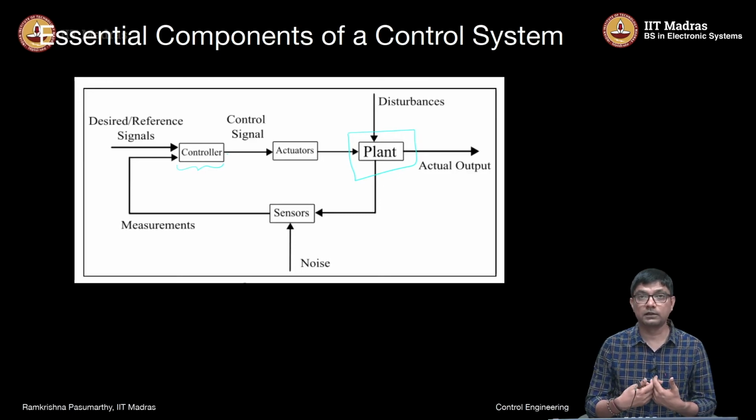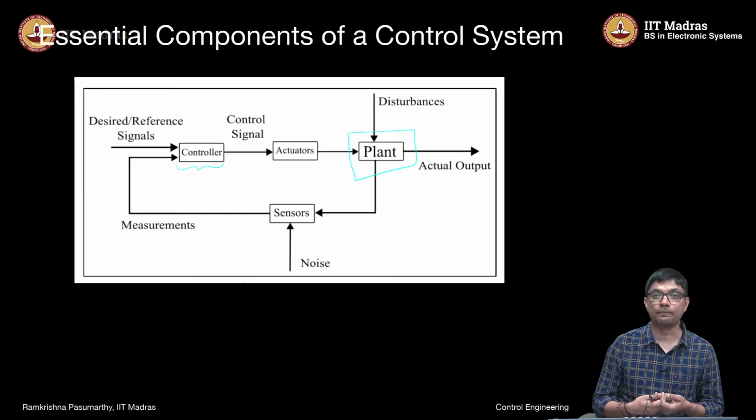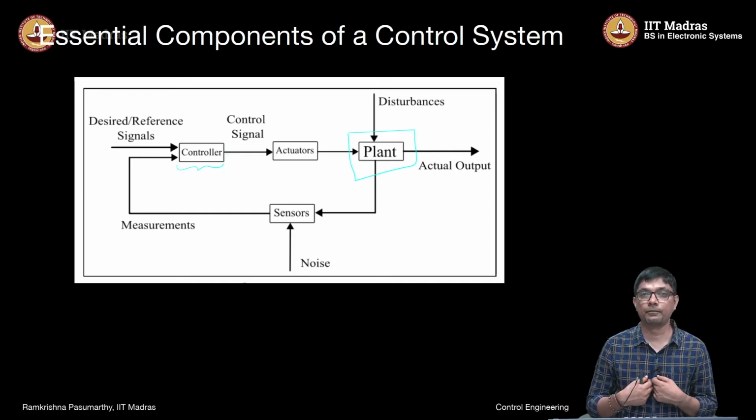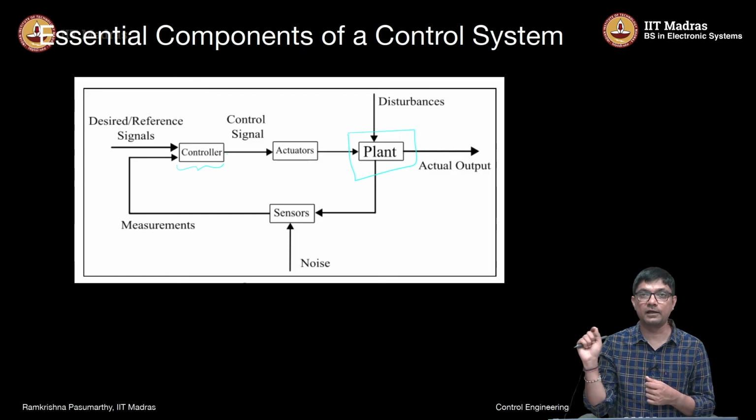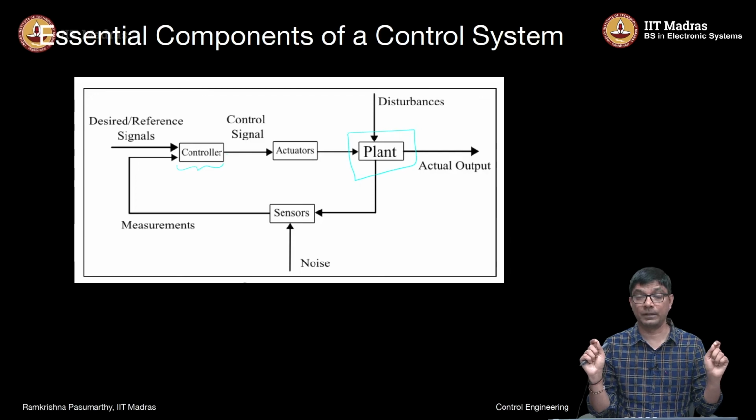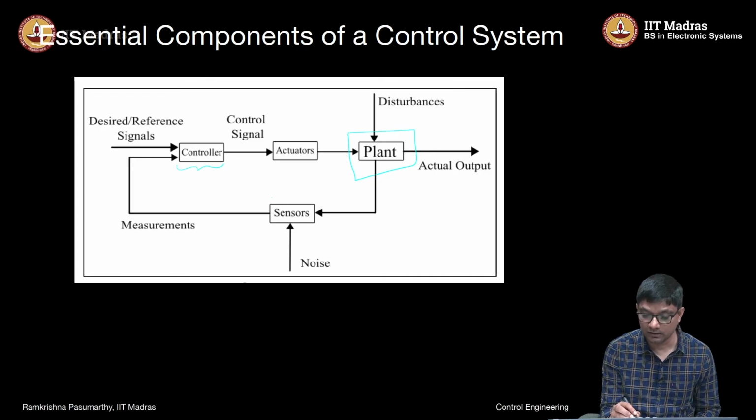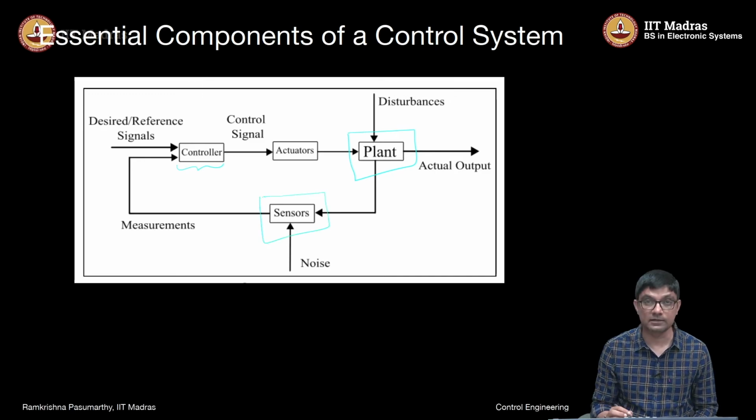Now what does the controller do here in the feedback setting? There must be some mechanism that will say, is my desired value of temperature or speed close to the actual value? Maybe I set my temperature to 24, but it's 27. Somebody should tell the air conditioner. So this mechanism is called a sensor.